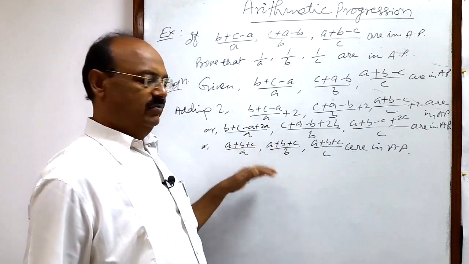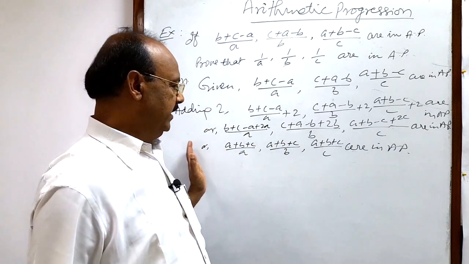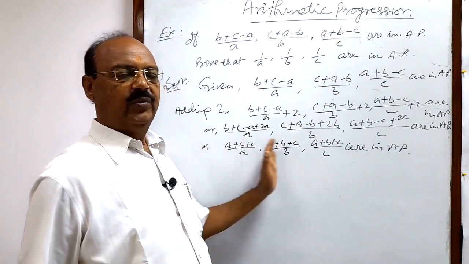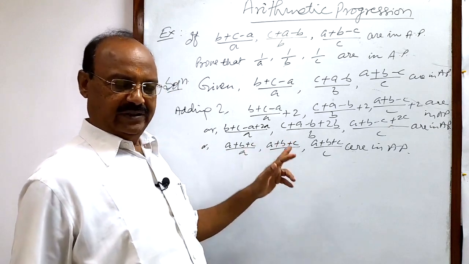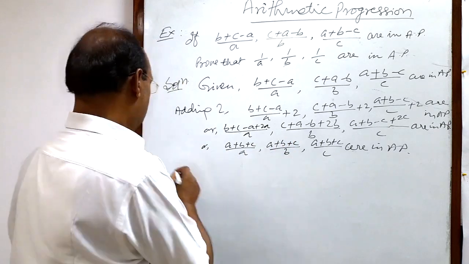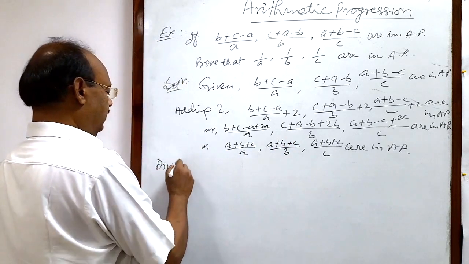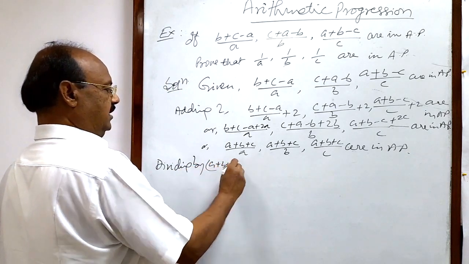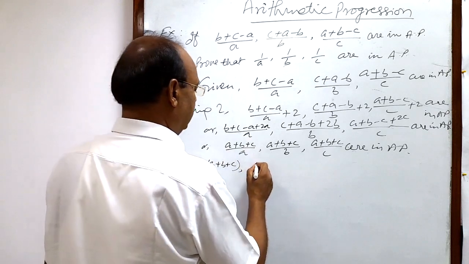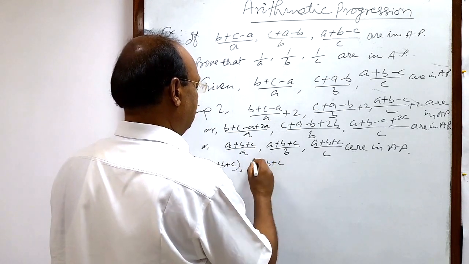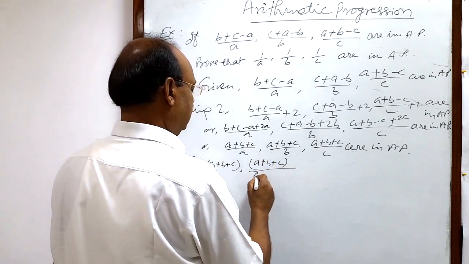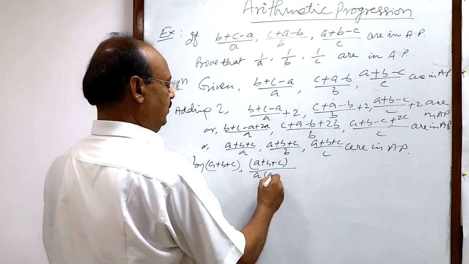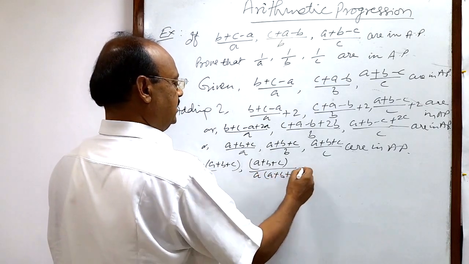Now it has become a very simple form, so dividing every number by a + b + c, what we will get? In the numerator we have a + b + c, and we are dividing by a + b + c.